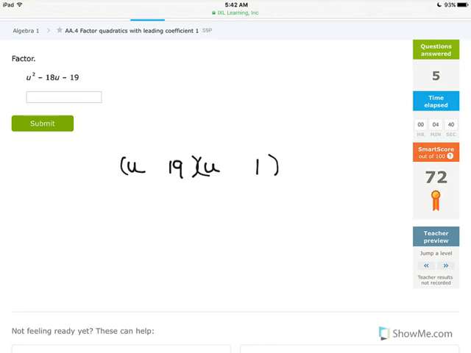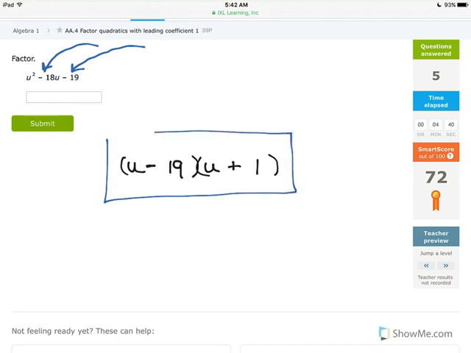And notice on the middle term, you need more negative than positive, so we're going to give the negative to the bigger number, and then positive to the other number. So when you multiply the negative 19 and the positive 1, you produce the negative 19 that you need, but when you add them up, negative 19 and positive 1, you get negative 18. So those should be your two factors.